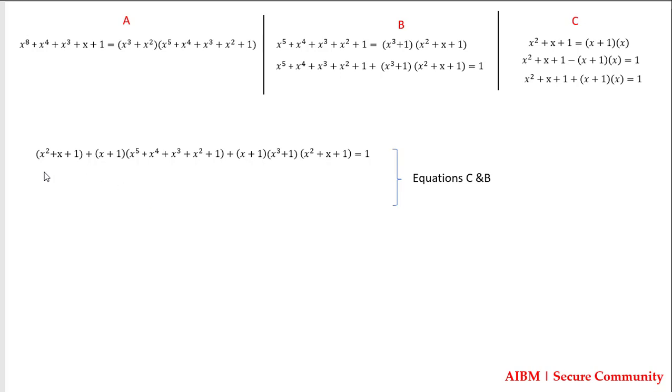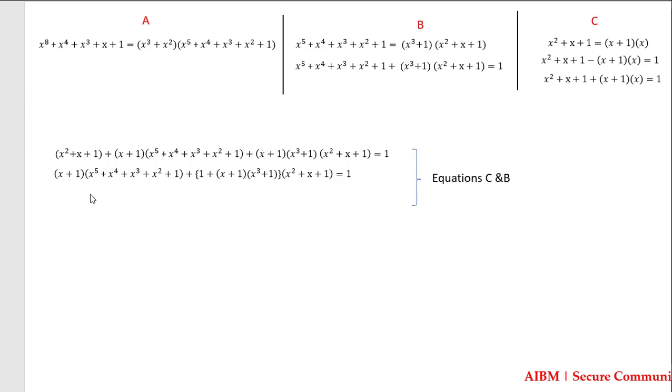To do simple operations on this mathematical expression, we will do it like this: (x + 1)(x^5 + x^4 + x^3 + x^2 + 1) plus, in square brackets, 1 from this side plus (x + 1) multiplied by (x^3 + 1), close the square bracket, (x^2 + x + 1) equals 1.